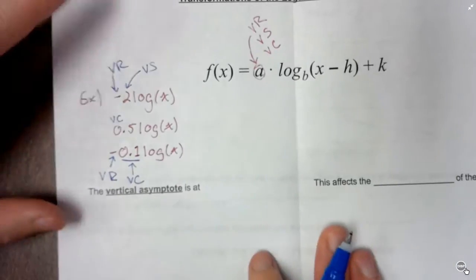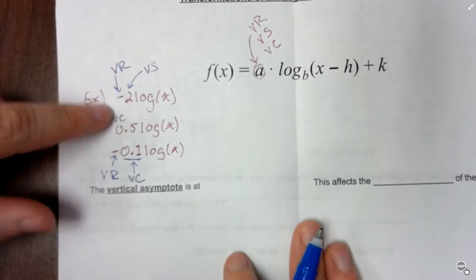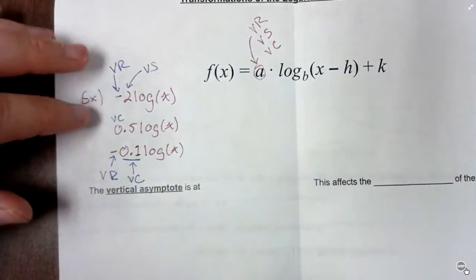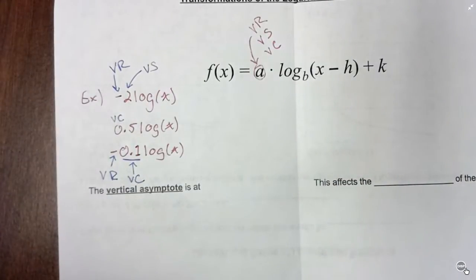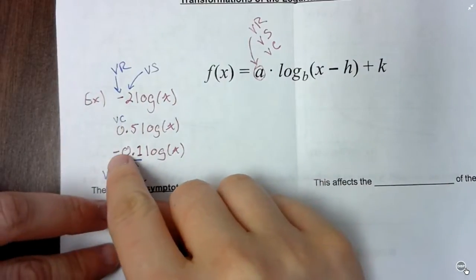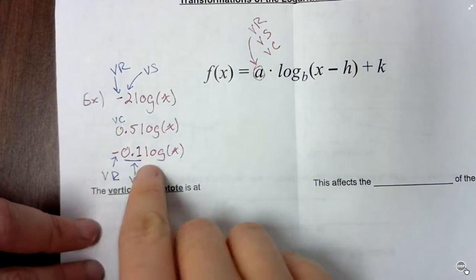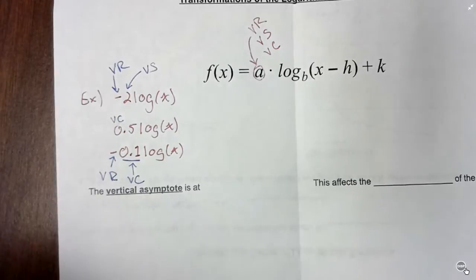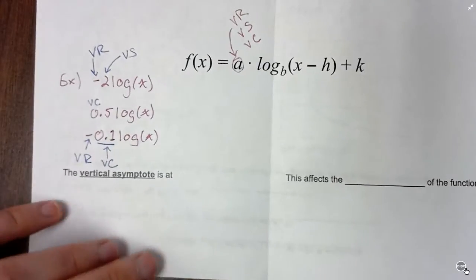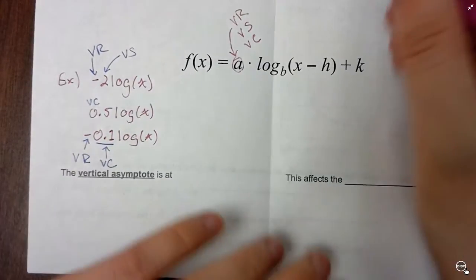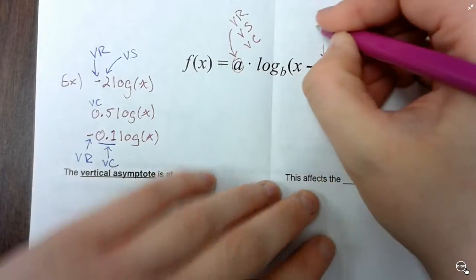So hopefully this helps clear up a little bit of the confusion that there has been over this a term for the past functions we've done. Just remember that if the number is negative, then you may have 2 transformations instead of just 1. Then your h value, of course, is just your left and right.